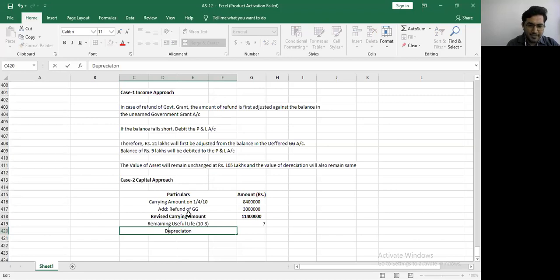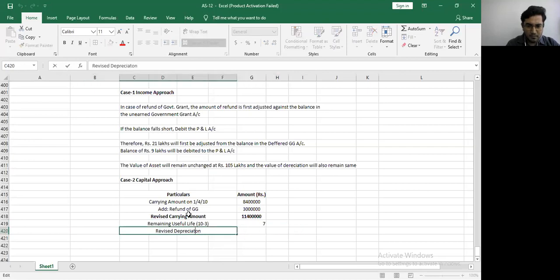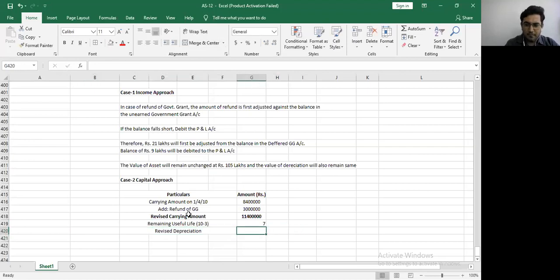Your revised depreciation you get 16,28,571, so that is 16.286.